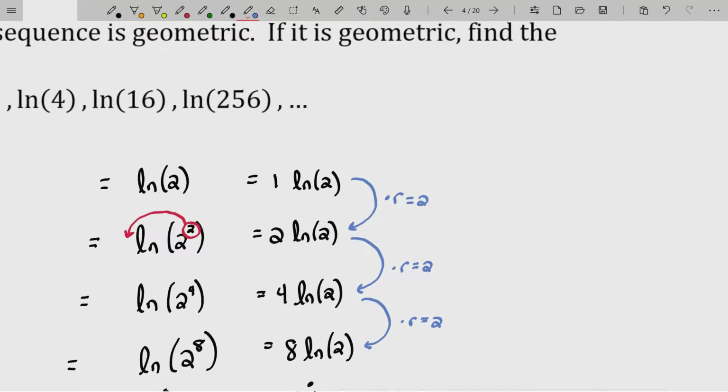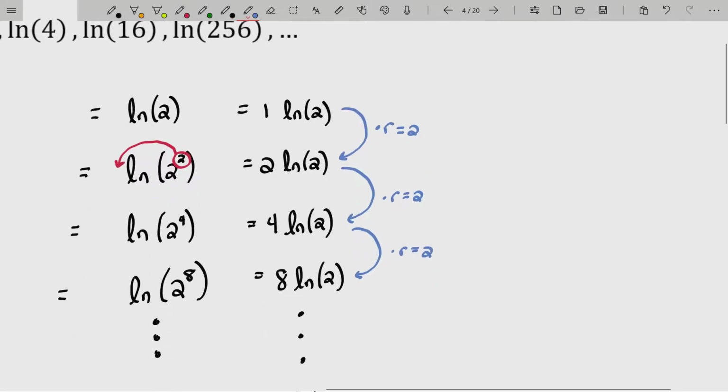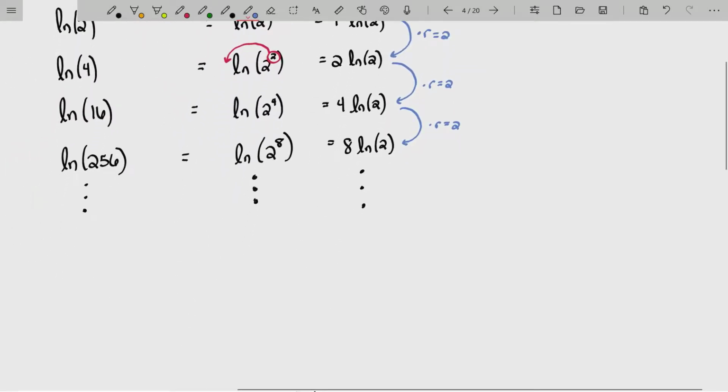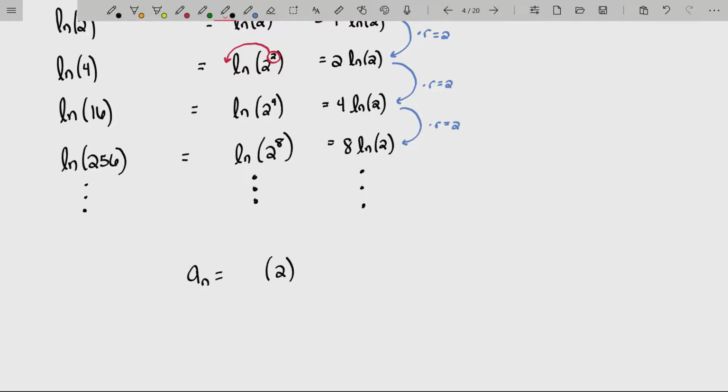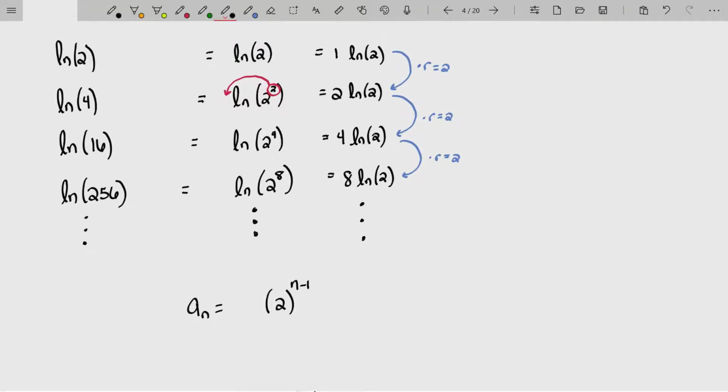But you know what I'm going to do? I'm actually going to go ahead and write the actual sequence. What is the pattern for the sequence? Well, we know that our common ratio is 2. So 2 to the n minus 1. We just need to write down our starting value.